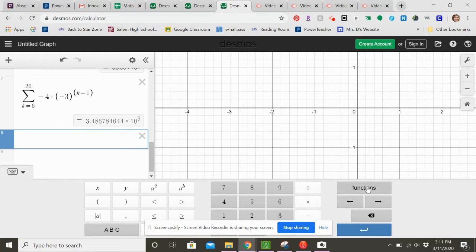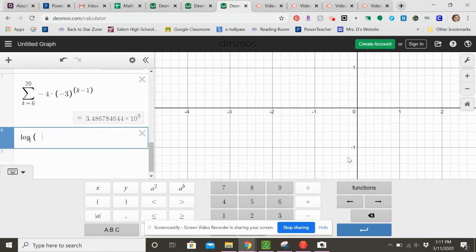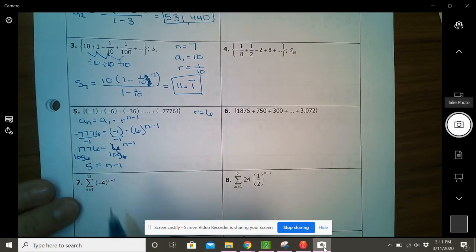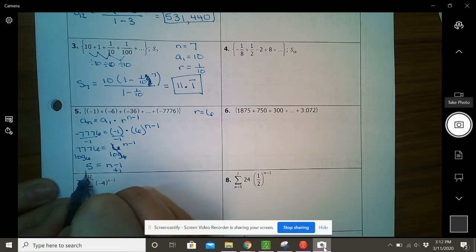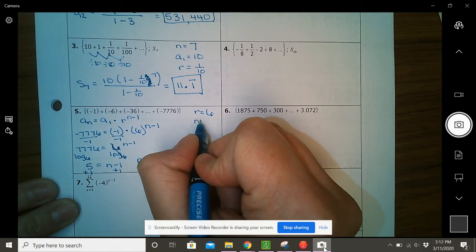Logarithm is under the functions button, second row from the bottom, and here I'm doing a log base 6 of 7,776. I get 5. Log base 6 of 7,776 is 5. So I can replace that out. And then finally, to solve for n, I would add 1 to both sides, and I get an n equal to 6.